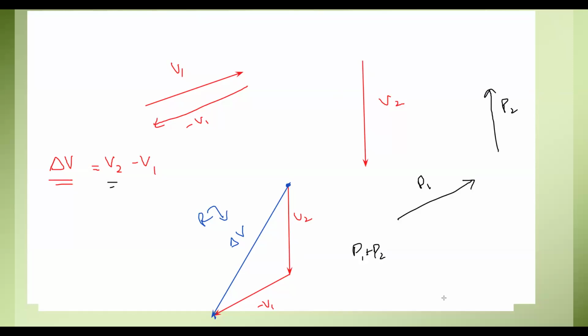So first we draw P1, then we draw P2. To work out the resultant, it's always from the tail of the first to the head of the last. That will be equal to the resultant, that is P1 plus P2. That's how we work out the relative direction.